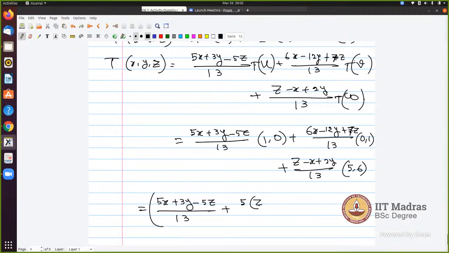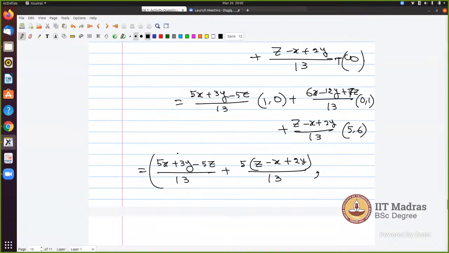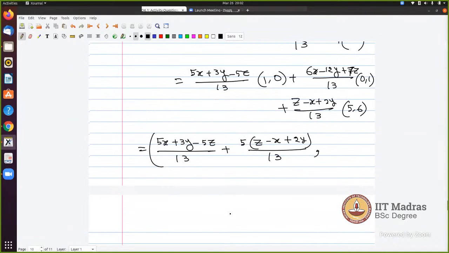This is 5, and this is the first coordinate, and the second coordinate is (6x minus 12y plus 7z) by 13 plus 6(z minus x plus 2y) by 30. Right?